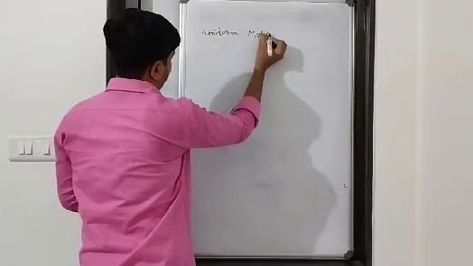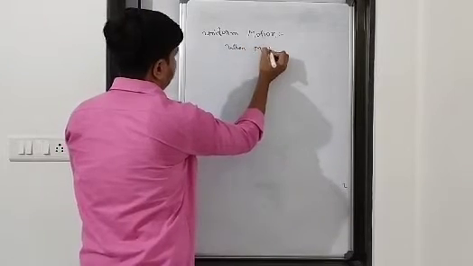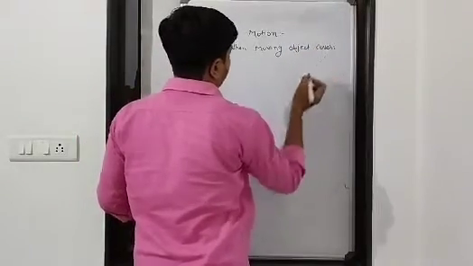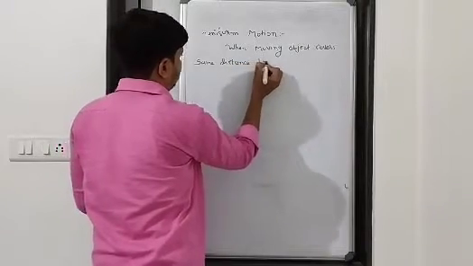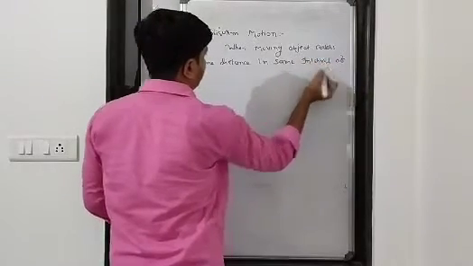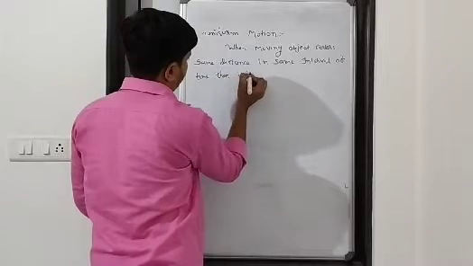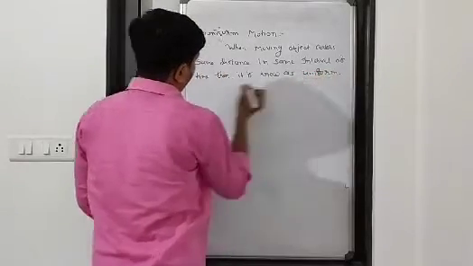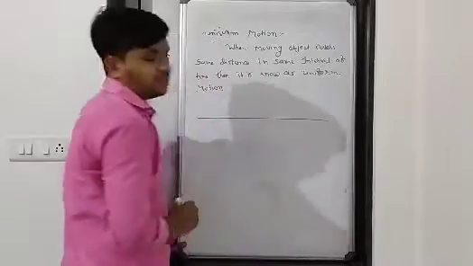Uniform motion: when a moving object covers the same distance in the same interval of time, then it is known as uniform motion. Like if one object moves on this path, okay?